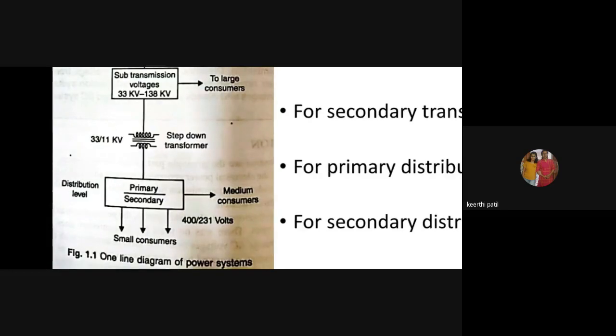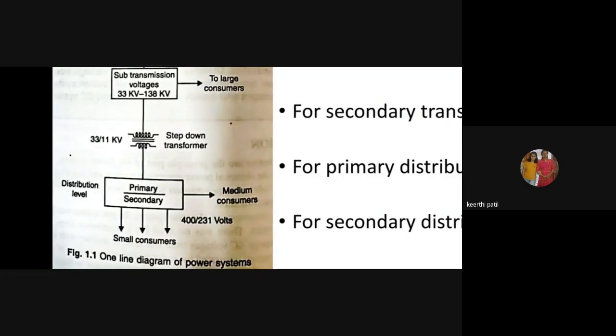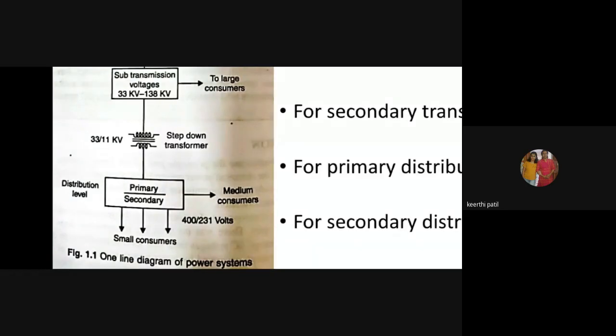So the small and medium division occurs in the distribution level.